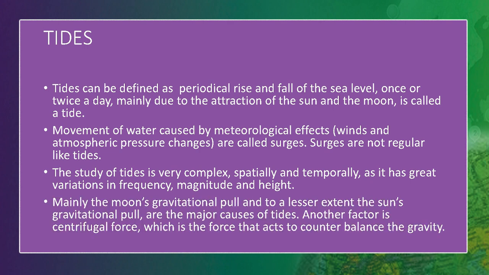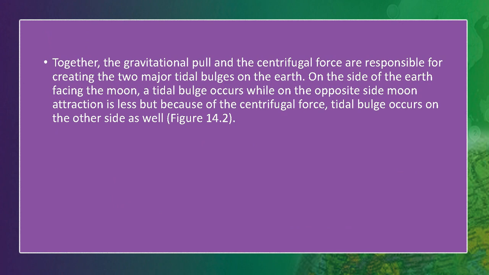Mainly the moon's gravitational pull and, to a lesser extent, the sun's gravitational pull are the major causes of tides. Another factor is centrifugal force, which is the force that acts to counterbalance gravity. Together, gravitational pull and the centrifugal force are responsible for creating the two major tidal bulges on the earth.